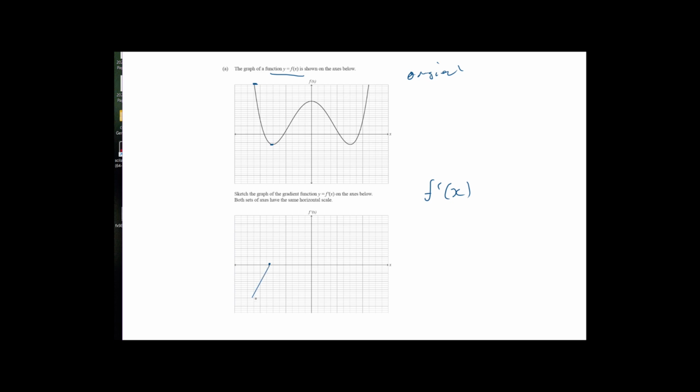And where it crosses that x-axis, right below there, must be a turning point. So at the turning point, the gradient is 0. So negative gradient.